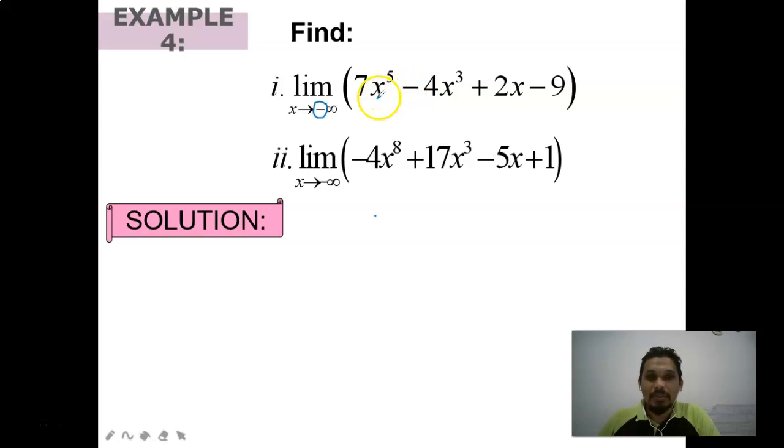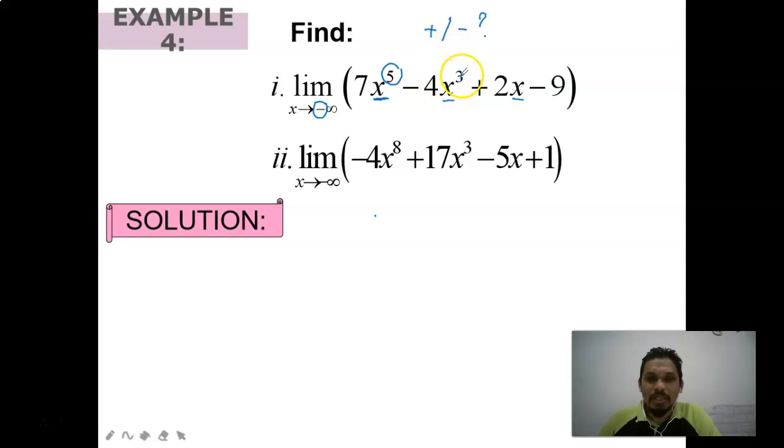So from this question, let's take a look at this x, which we call the highest degree of x, which is to the power of 5. So this determines the whole function, whether it will give us positive or negative. Okay, so let's say that x equals negative 10.